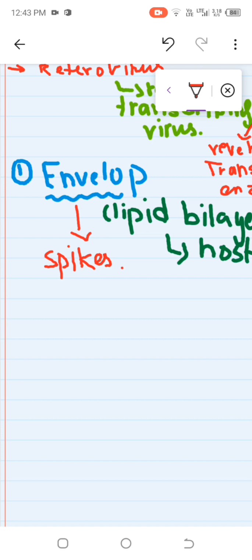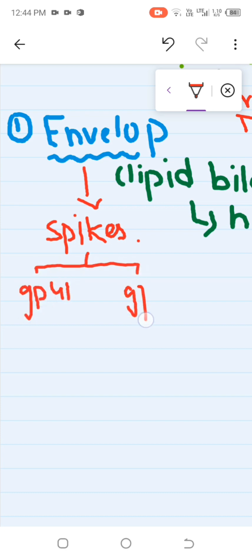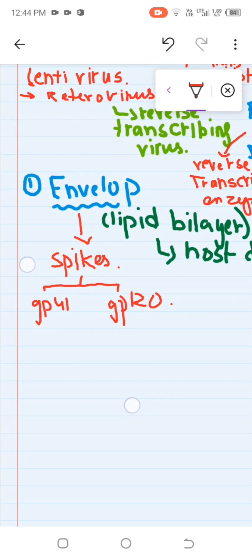So which types of spikes do we have? Here we have two types of spikes. One is glycoprotein 41 and the other is glycoprotein 120. So these are two types of glycoproteins, or spikes, present in the membrane.